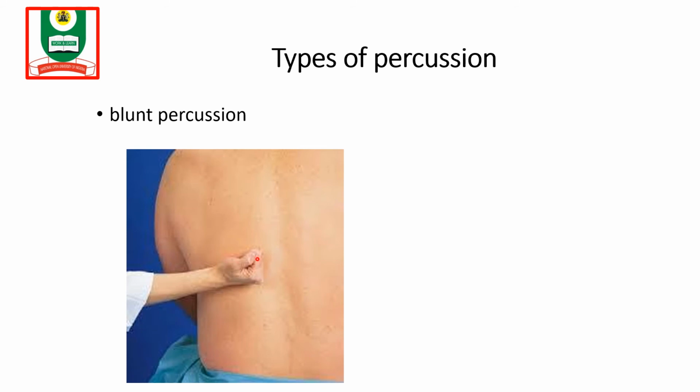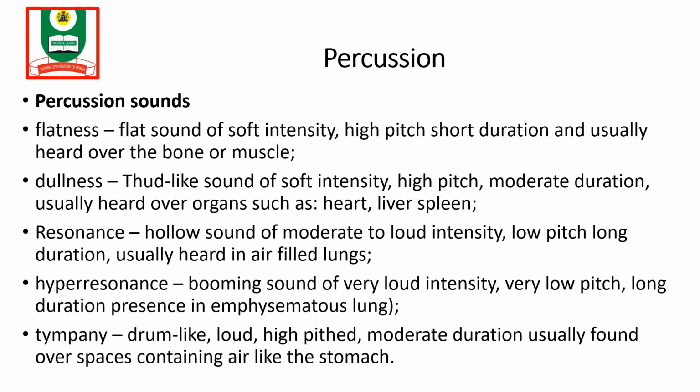This takes us to the types of sound or vibration that you can hear when you are doing percussion. We have different percussion sounds depending on the structure. First is flatness, that is, the sound is flat.